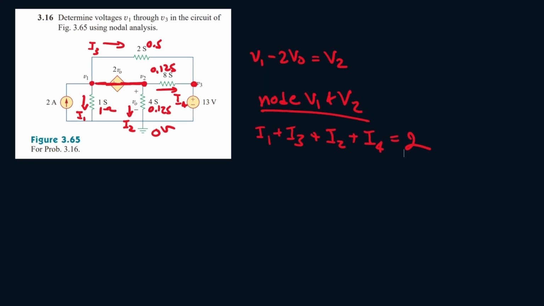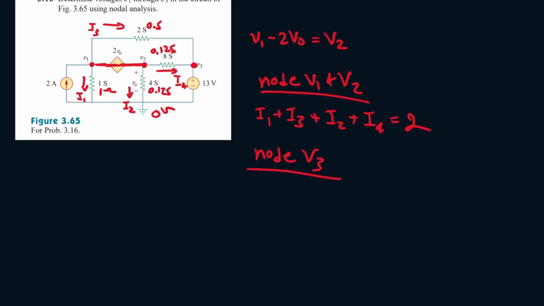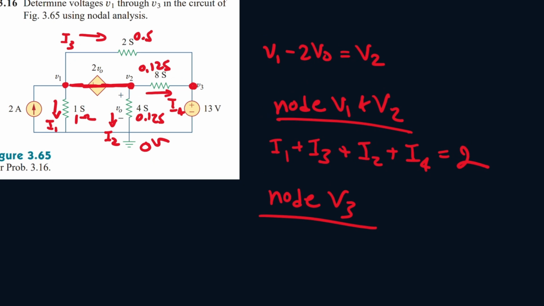Okay. Now let's focus on our node V3. Oh wait, there should be one more current direction. It's this one. I completely missed this one. Let's call it I5. Okay, so wait a minute. We already know what V3 is going to be equal to, because V3 will be equal to 13 volts, and the reason is because there are no resistors or current sources or anything like that, so it won't experience a voltage drop.